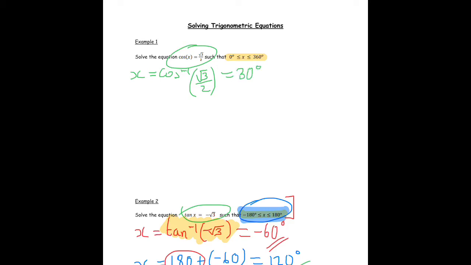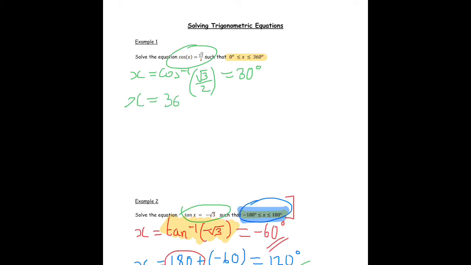The calculator will only ever give you the closest angle to 0, so we have to find the alternatives. Remember, for cos angles, alternatives go up in 360 degrees. You can add and subtract your original angle.